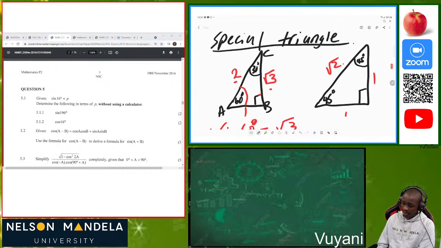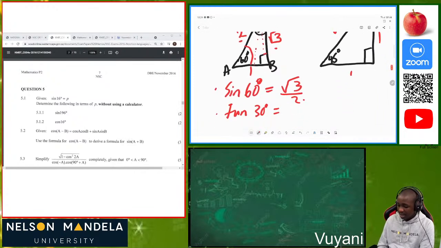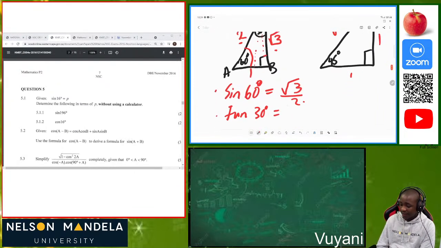This is 30°. So which one is our tan? We know that tan is opposite over adjacent. So the opposite one is this one, which is always, when you look at our 90°, going to be the opposite one. So when we say tan 30°, we expect to have 1/√3, opposite over adjacent.